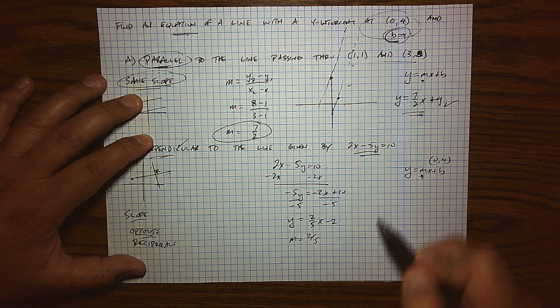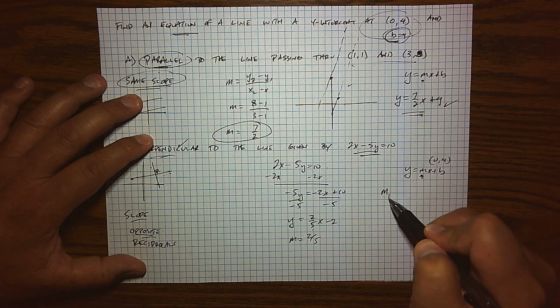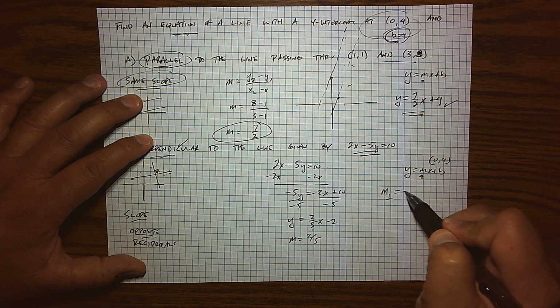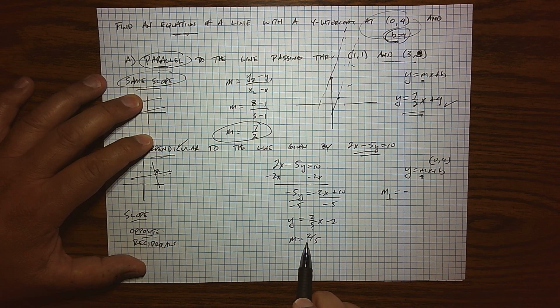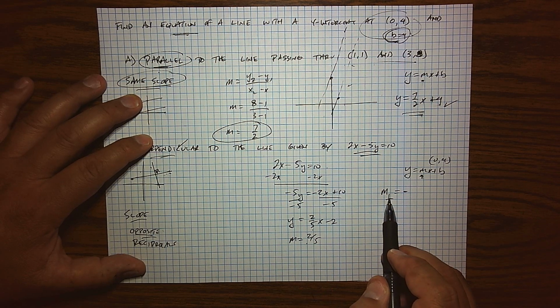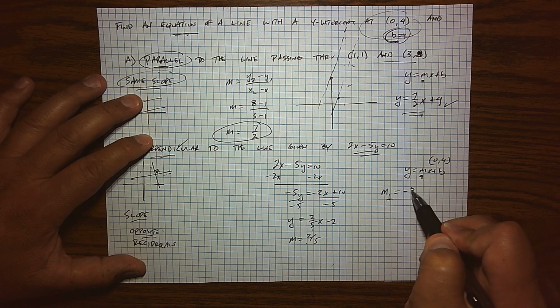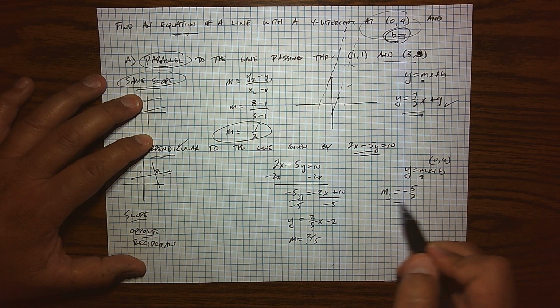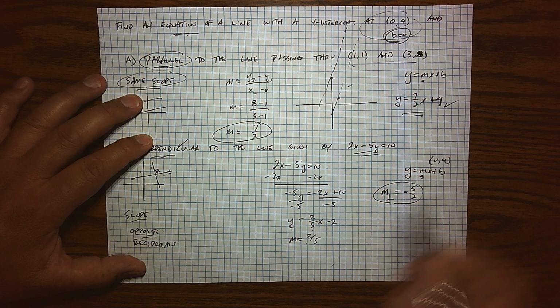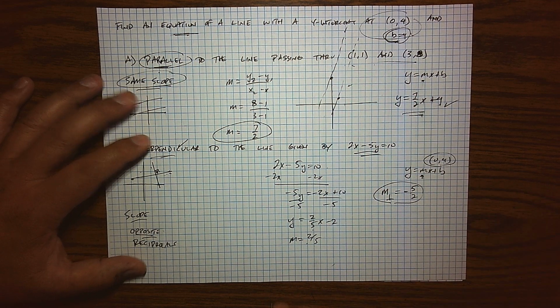The perpendicular slope will be the opposite, so this is positive, my perpendicular slope will be negative, and then I have to take that fraction and flip-flop it. So the slope we want is -5/2, and the intercept we want is at (0, 4).